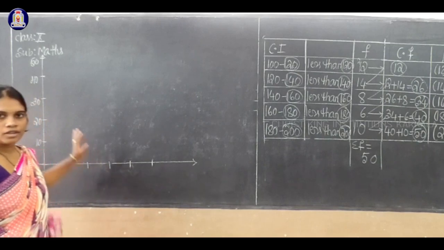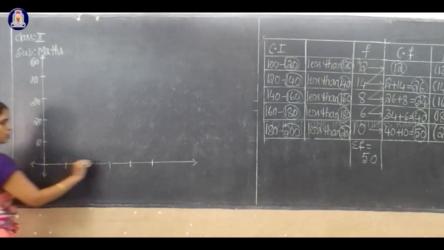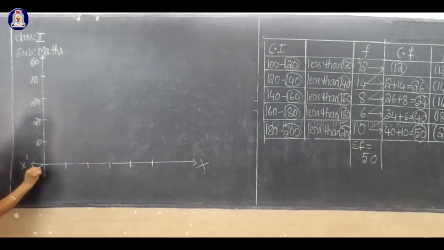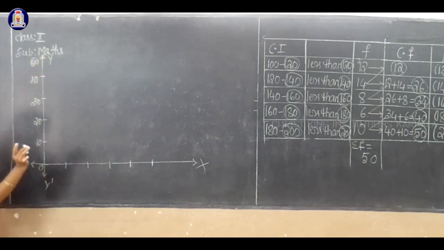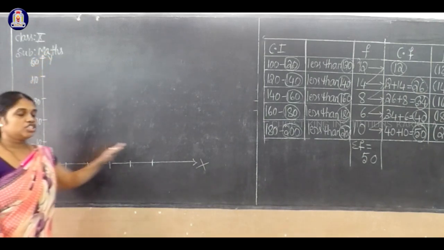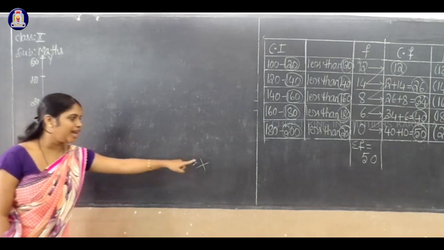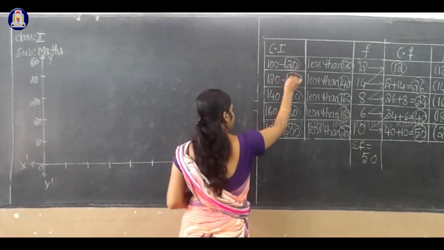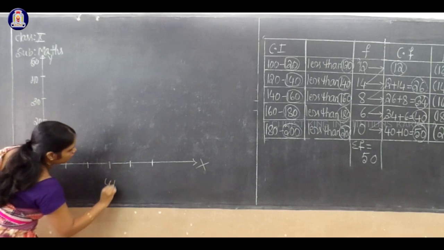So next we'll draw the graph. See, this is your x-axis, x dash, this is your origin, and this is the y-axis, y dash. This is your less than type ogive. So along the x-axis we consider only the upper limits. Upper limits, you have to write here.